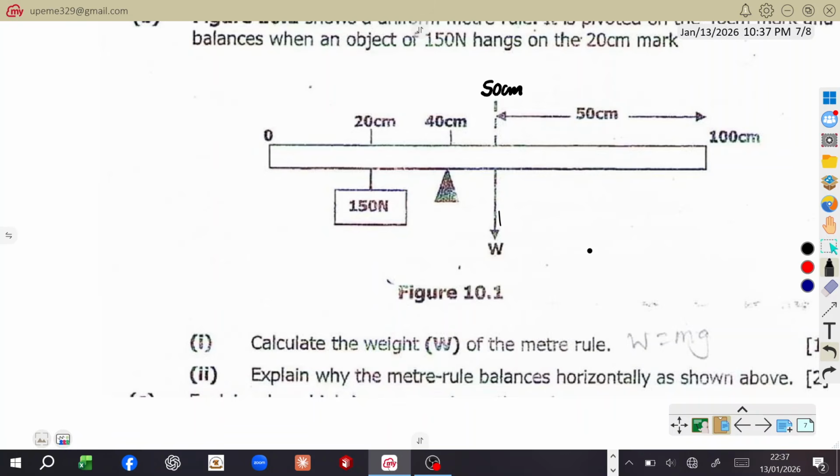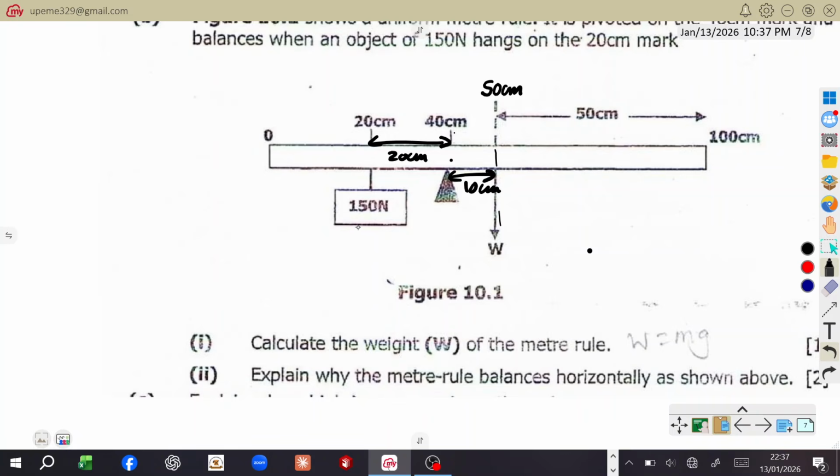Okay. So then here, go now from here to here, it is 20 because 40 minus 20, 20 again here. Then from here to here is 10. You say 50 minus 40, 10. So here it's 10. So weight is not known.